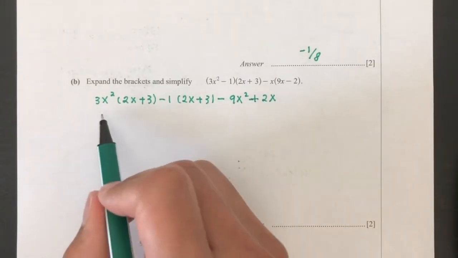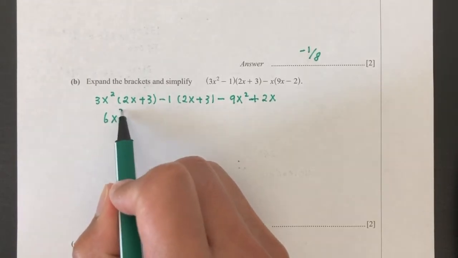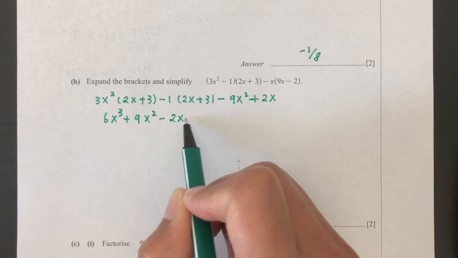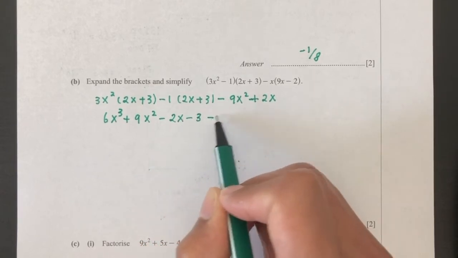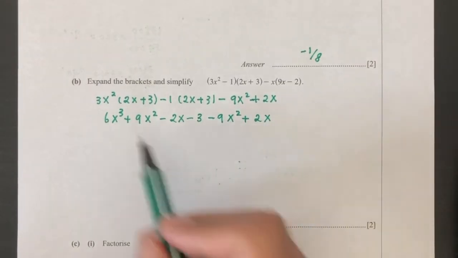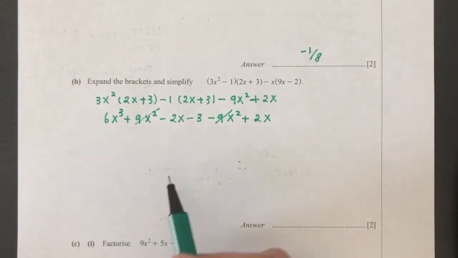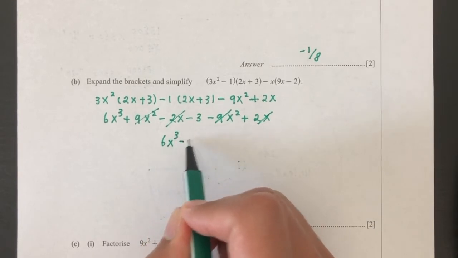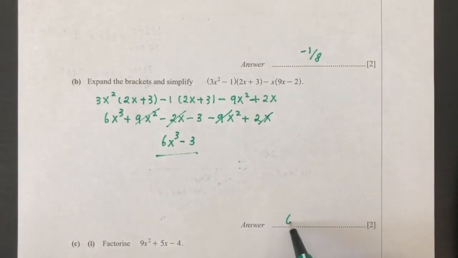Expand these brackets, now we will have 6x cubed plus 9x squared minus 2x minus 3 minus 9x squared plus 2x. So these two cancel out and these two cancel out. You will have 6x cubed minus 3. So this will be your answer for part B.